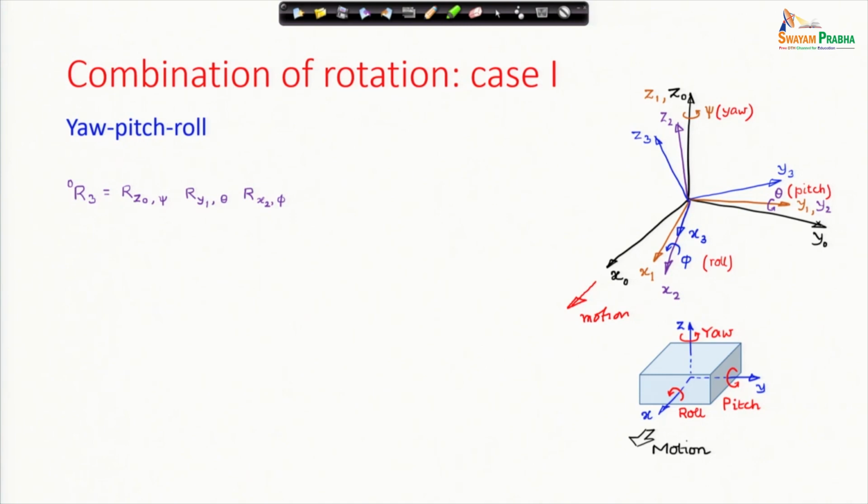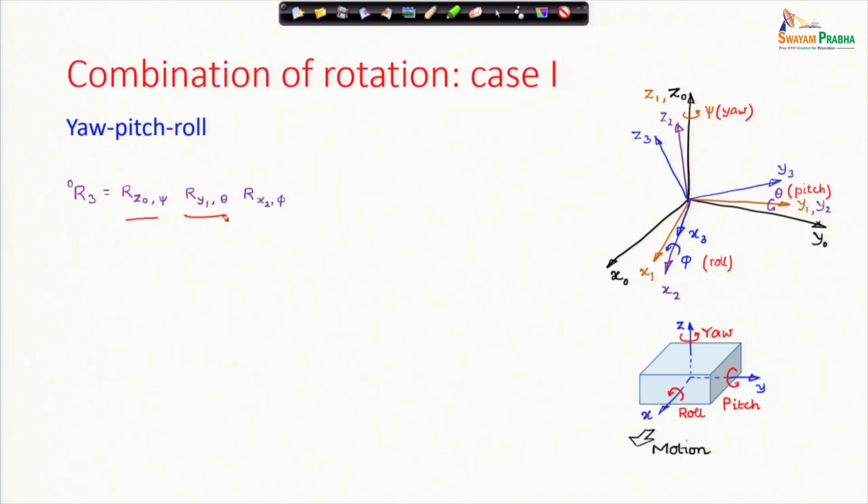And what is this rotation? It is the composite rotation matrix, the combination of these three fundamental rotations. How do I combine them to find the rotation matrix from 3 to 0? First, I gave this rotation about z 0 by an angle psi, this was the yaw.